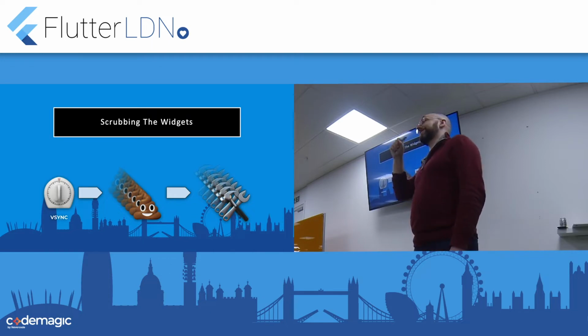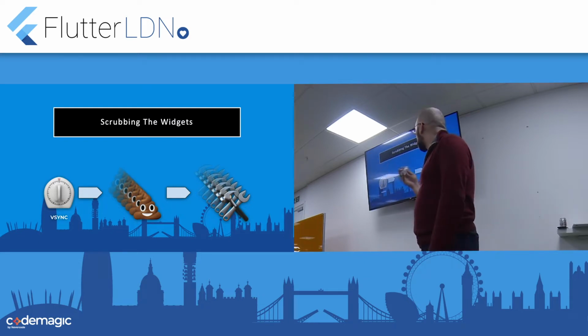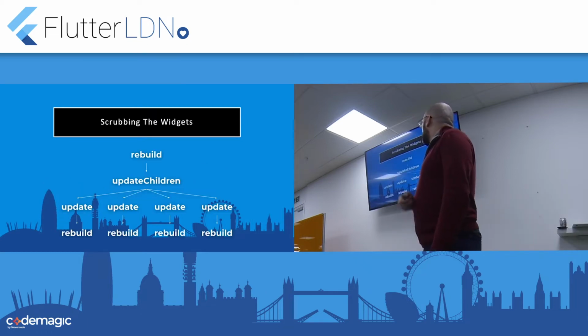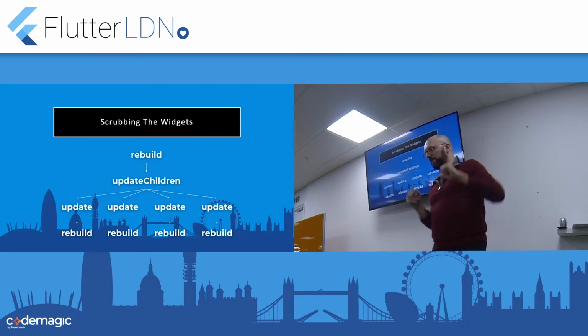If some widget is marked to be dirty, it gets put on a queue, and all the widgets that are dirty get rebuilt together at a later time. And what happens there is we have a nice element that gets rebuilt. So it is dirty, and the framework says, well, let's rebuild it so it's not dirty anymore.